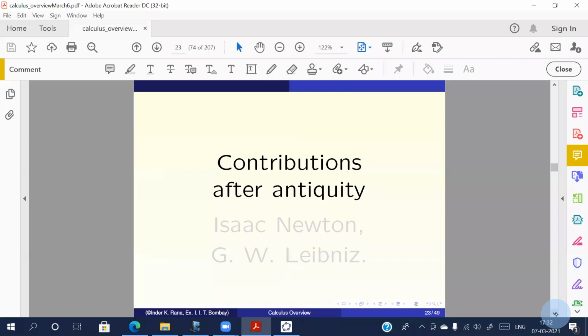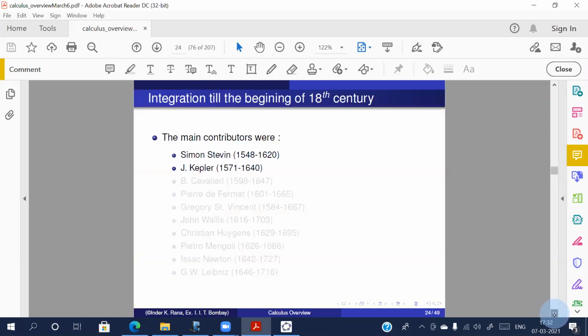Okay, so let us come to the works of Isaac Newton and Leibniz. These were the mathematicians who, in the 18th century, proposed some kind of theories on differential and integral calculus. The main contributors before Leibniz and Newton were Stevin, Kepler, Cavalieri, who gave a very good way of finding integrals.